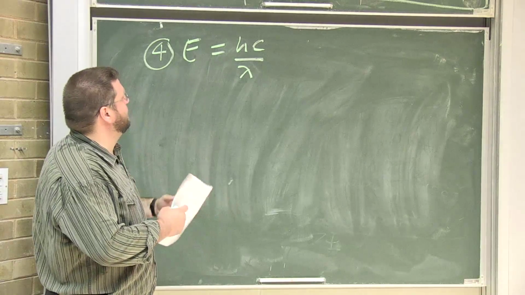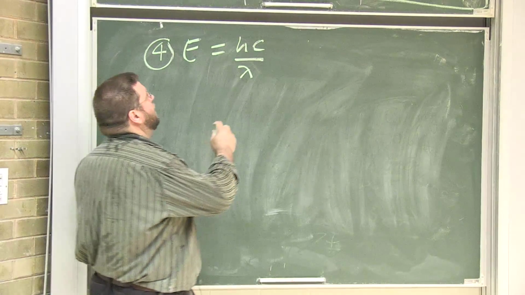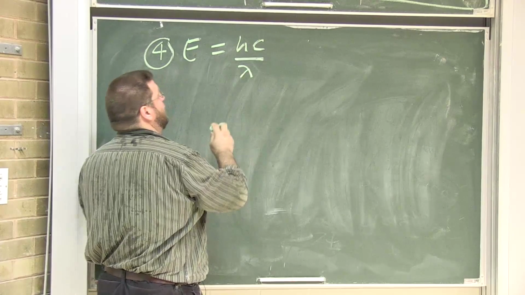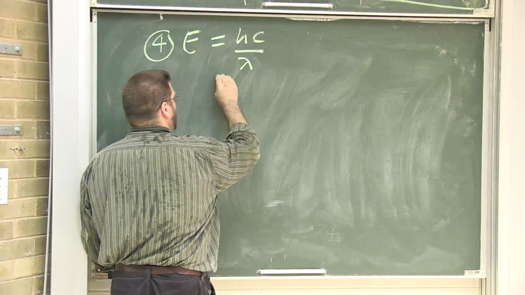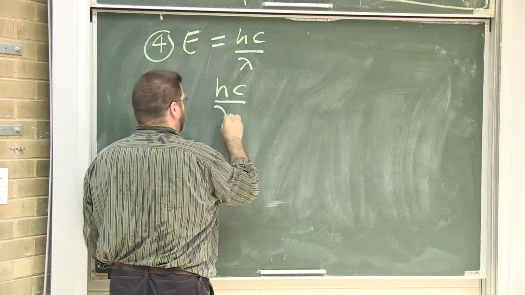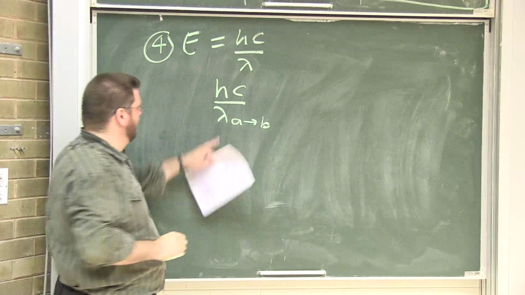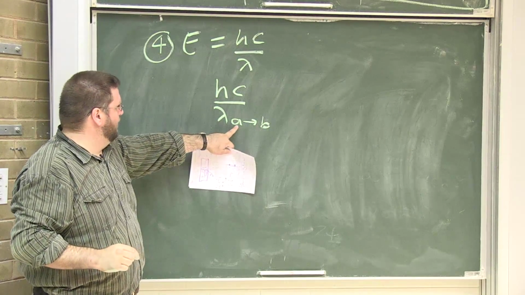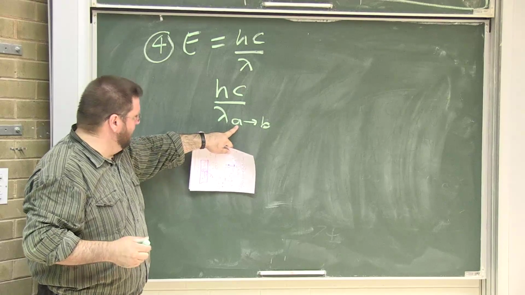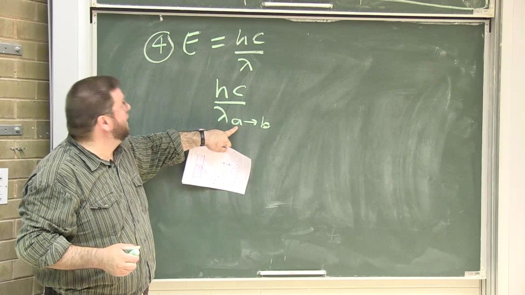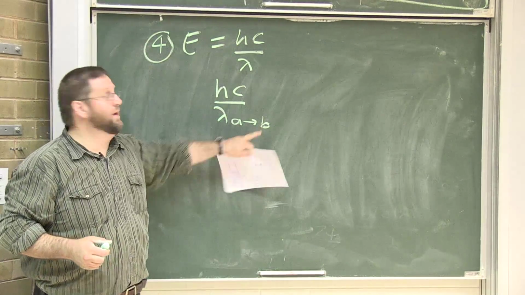So this is E equals hc on lambda, which we now use. Let's take our boxed equation, and instead of E, we'll write hc on lambda. To keep the notation informative, this is the wavelength of the photon associated with the electron in the Bohr atom de-exciting from a high energy state A to a lower energy state B.